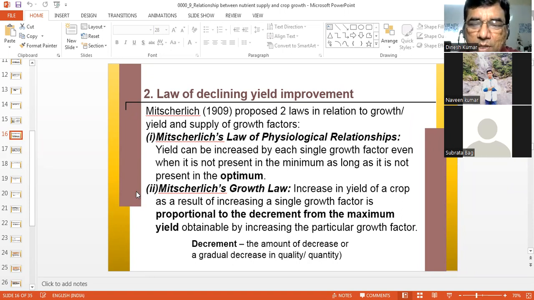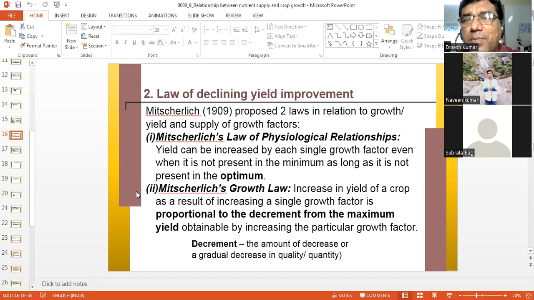Then Mitscherlich's growth law. The increase in yield of a crop as a result of increasing a single growth factor is proportional to the decrement from the maximum yield obtainable by increasing the particular growth factor. So it is very easy to understand this growth law. It is basically based upon your law of diminishing return.